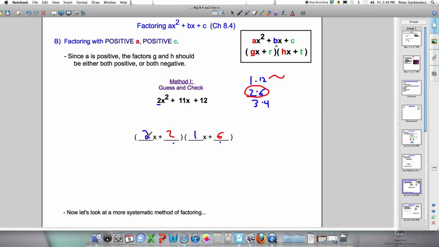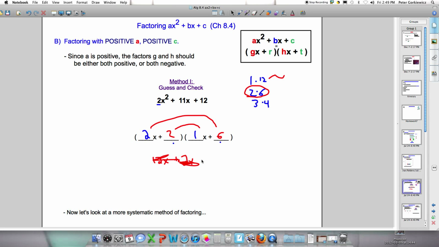And let's try that. 2x times 1x is this, yes. 2x times 6 is 12x. And 2 times 1x is 2x. And if you sum those, that adds to 14. So those don't work. Yeah? These don't go in there.